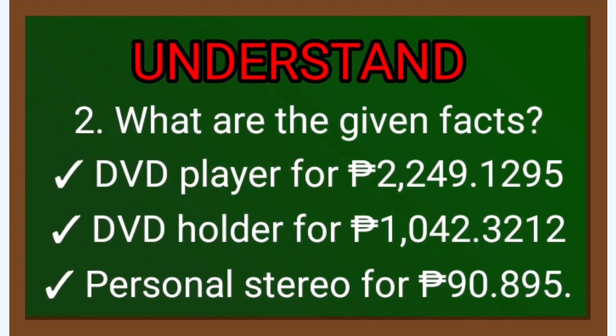Number 2. What are the given facts? DVD player for 2,249 pesos and 1,295 10,000ths. DVD holder for 1,042 pesos and 3,212 10,000ths. And personal stereo for 90 pesos and 895 thousandths.